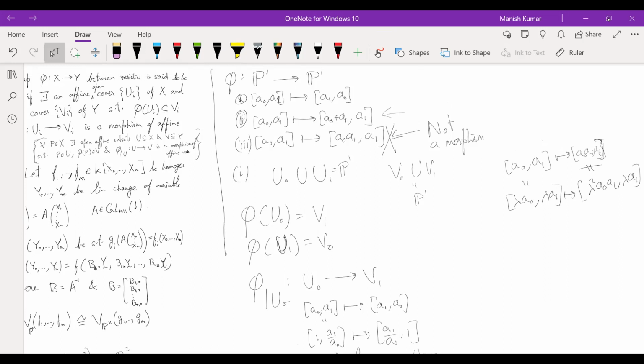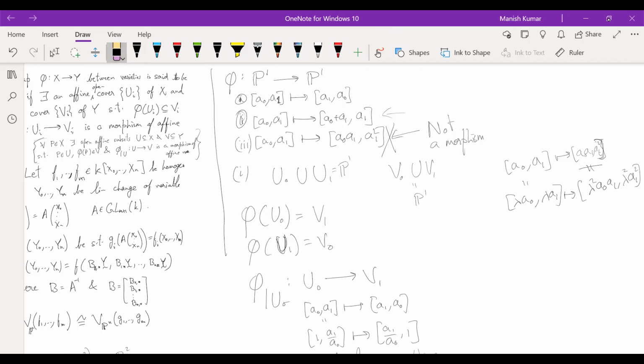So you can't just assign something random. If you put homogeneous polynomials of the same degree, then it is okay. So if you put A1 squared, then this becomes lambda squared A1 squared, and then it becomes a morphism.